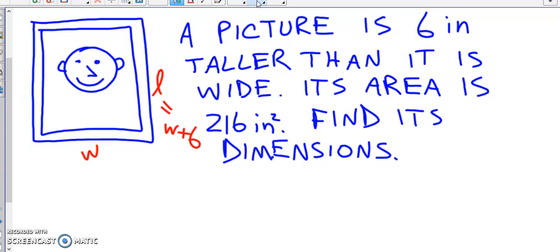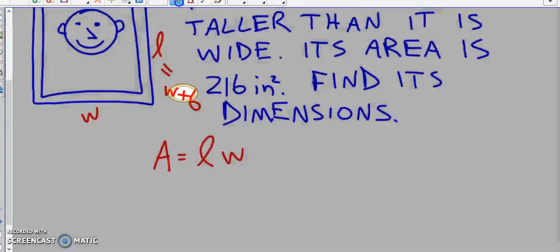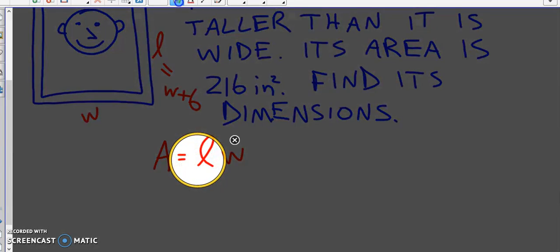Now everybody should know how to compute the area of a shape like this. It's a rectangle. So area equals length times width. And what we can do is plug in this W plus 6 for L right here.